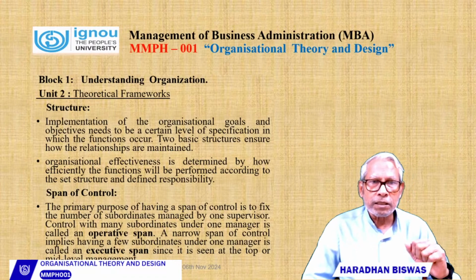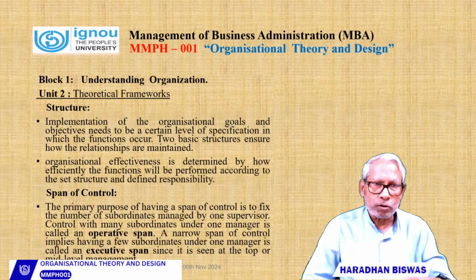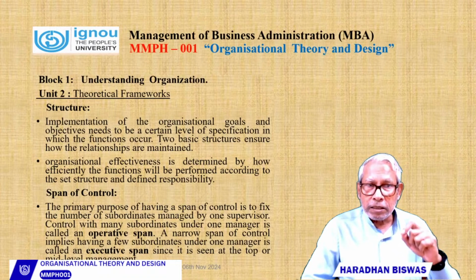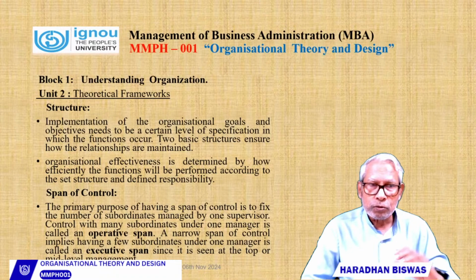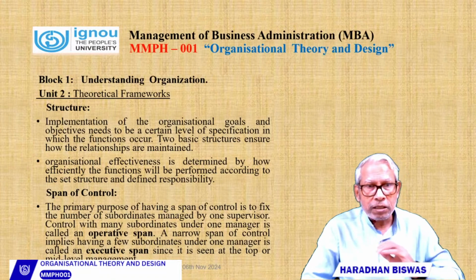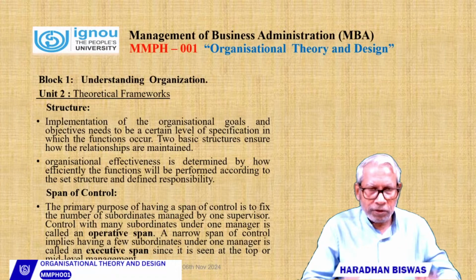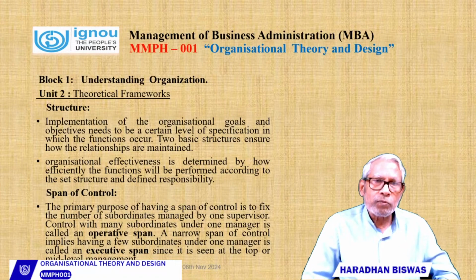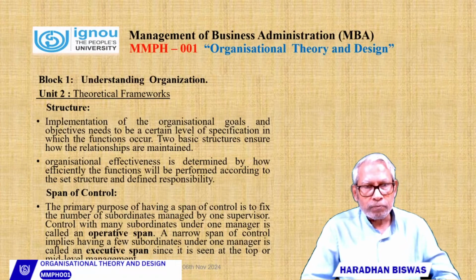So structuring is very important. It should be ensured that the relationships are maintained also. So organizational effectiveness is determined by how efficiently your functions perform, and how well they deliver.